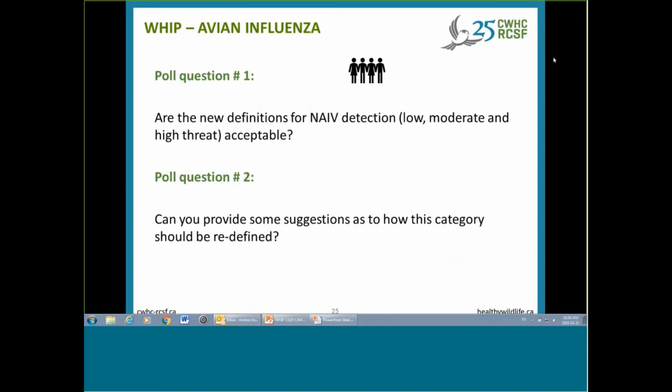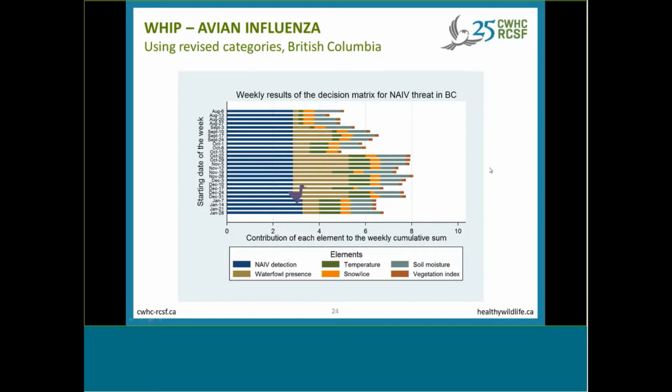Hi, Michelle. It's Nancy. Can you go back to one of the last two slides and just explain the orange snow and ice in August? Am I missing something? Okay, so that means that there was no snow and ice. It's a low threat level because there was no snow and ice. And for British Columbia, for most of it, you can see that it's a fairly low score, because there was no snow and ice for British Columbia at that time.